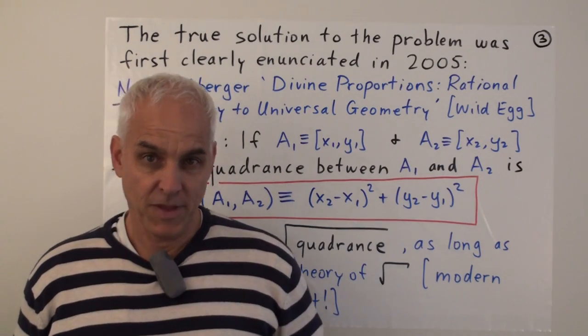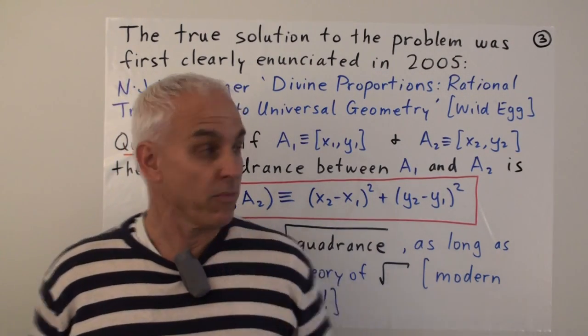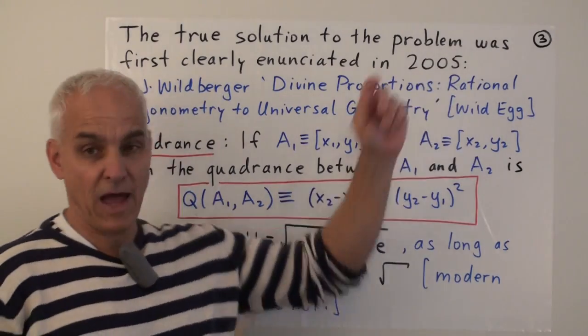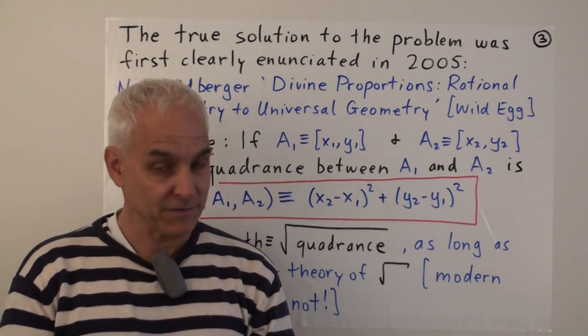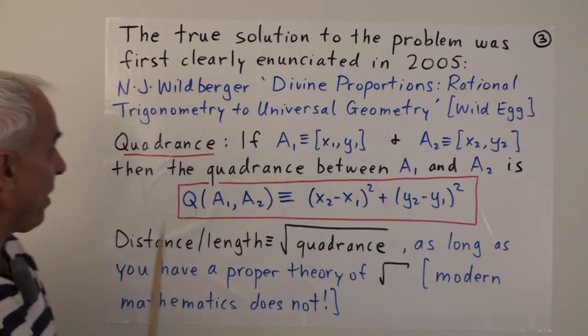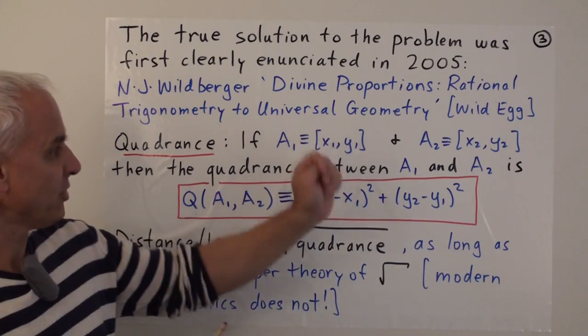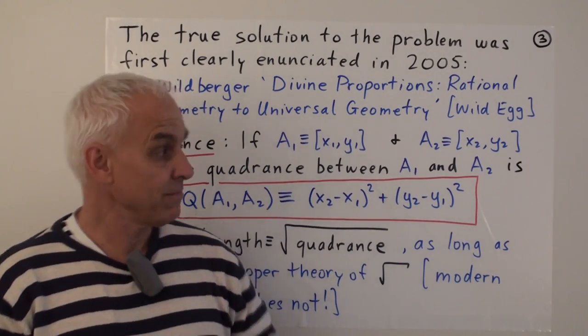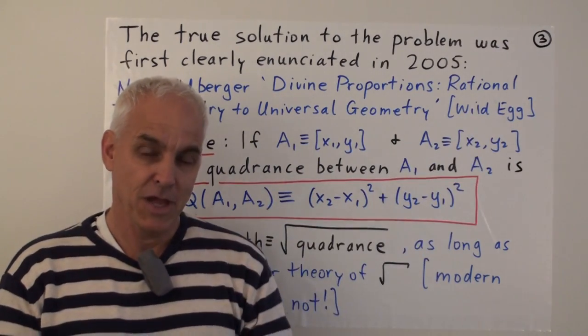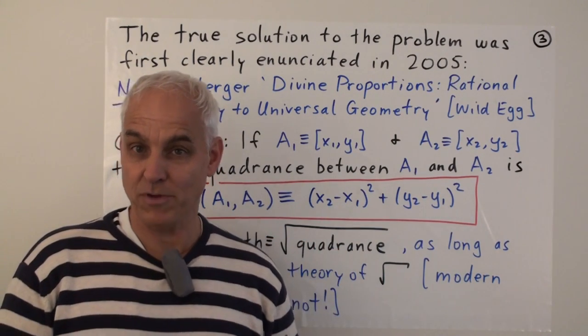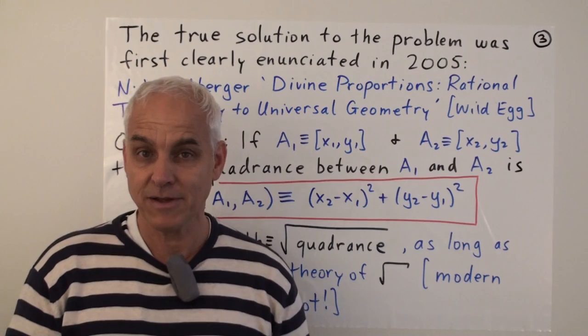So in my opinion, the true solution to this very important problem was first really clearly enunciated only in 2005, relatively recently, with the publication of my book, Divine Proportions: Rational Trigonometry to Universal Geometry, published by Wild Egg. In this book I lay out this new theory of rational trigonometry that I hope you've learnt or heard about at least.